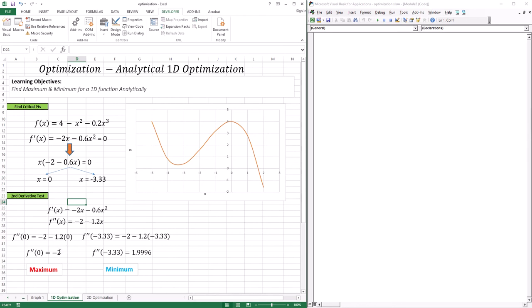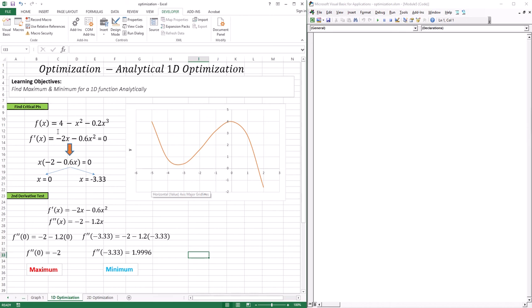And we said when we have a negative second derivative, that corresponds with a maximum, as you see here. Now I'm going to evaluate the second derivative at negative 3.33, and when I do that, I get 1.9996, and this is a positive second derivative, so we're having a minimum. So it's a very, very simple way to deal with 1D optimization.